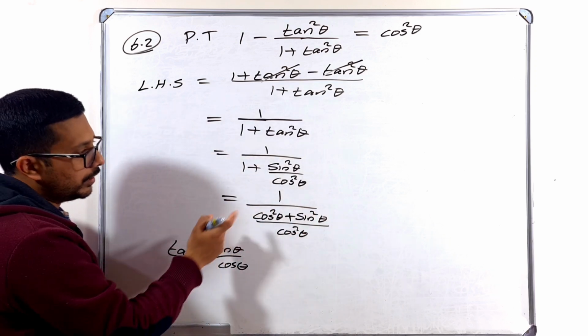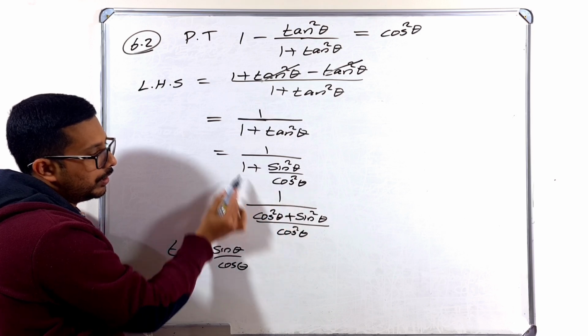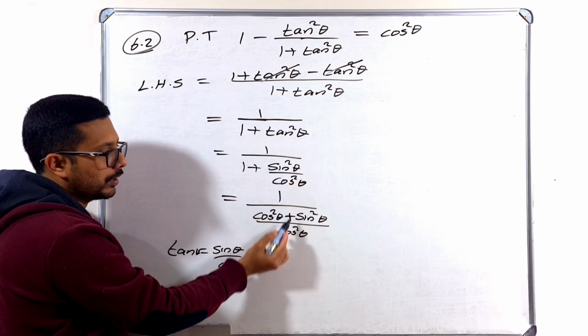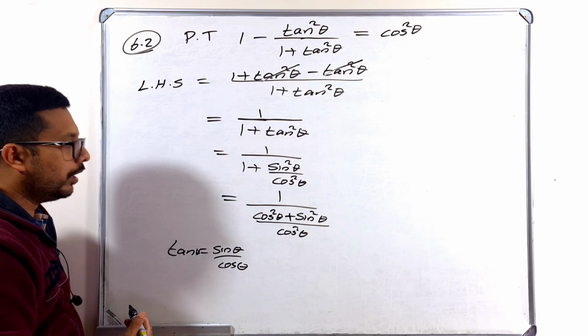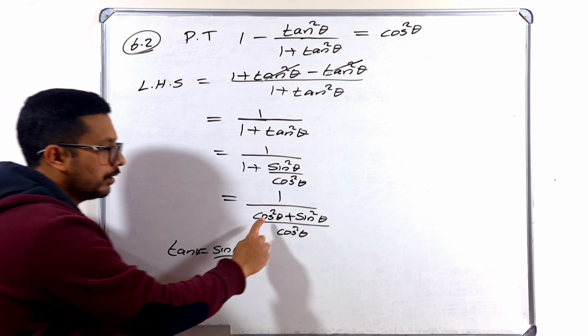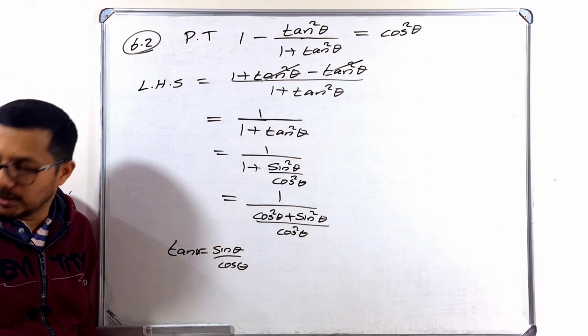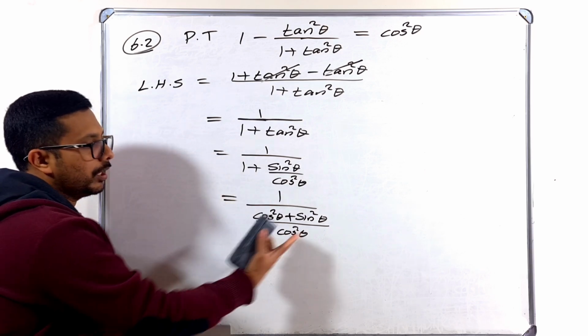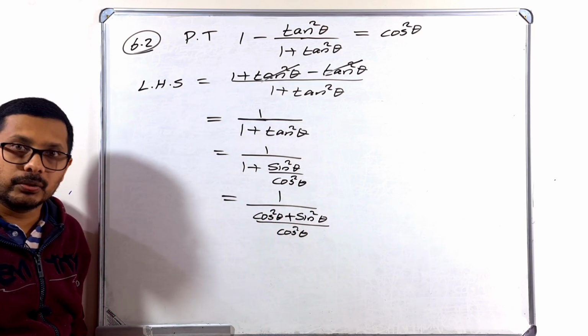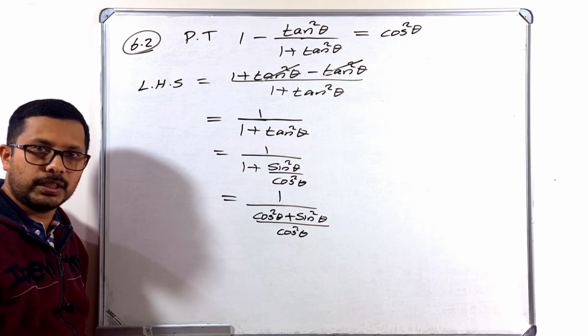Now tell me, what is cos squared theta plus sine squared theta? You studied it in the opposite way, but it's the same thing: sine squared theta plus cos squared theta is 1.